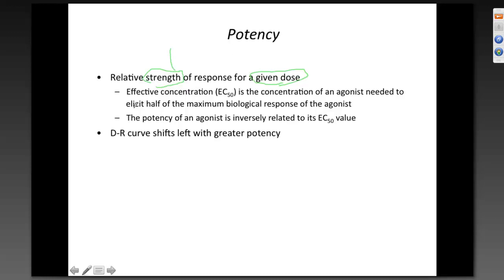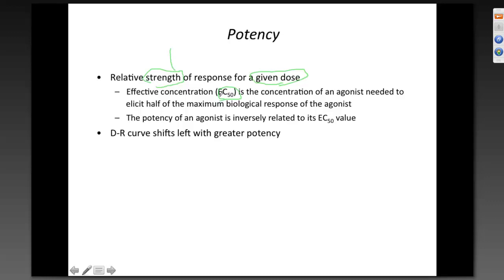Now, since we already know what the EC50 is, I say know what it is, we talked about the ED50, the EC50 is pretty much the same thing if you substitute the word concentration for the word effect.